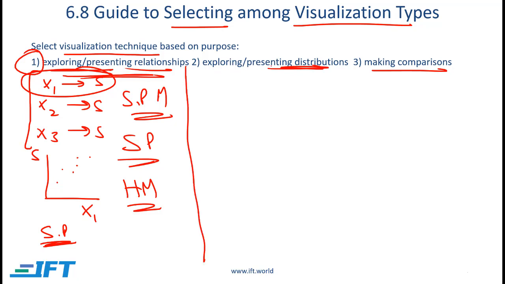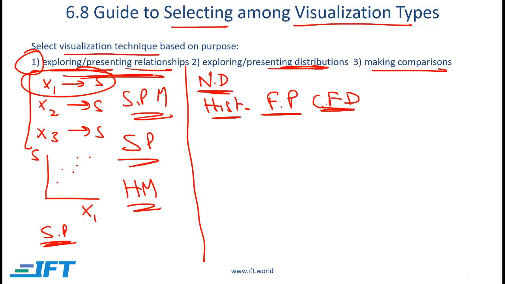Next, let's say we want to explore distributions. And here we will look at different kinds of distributions. Let's say we are evaluating numerical data. With numerical data, it would make sense to use histograms, and related to the histogram is a frequency polygon. And the third type of picture that we might use is a cumulative frequency distribution.